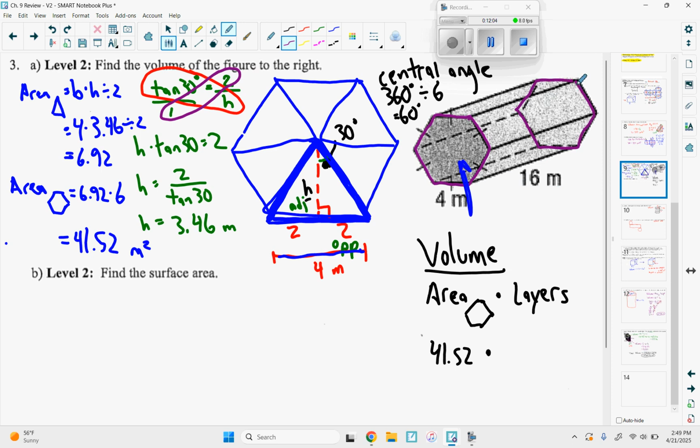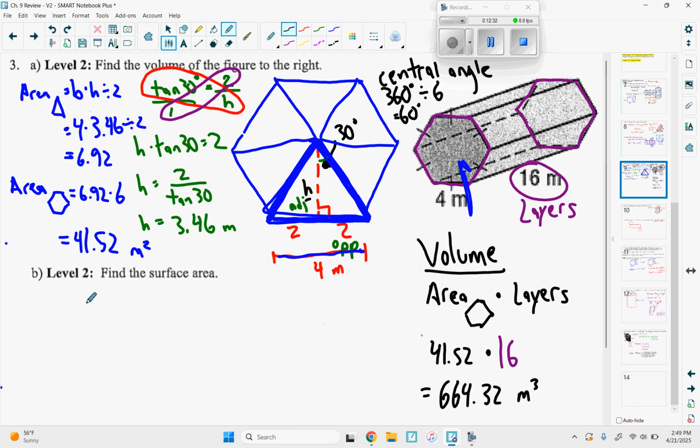So what is the distance between our bases? It's 16. So when I multiply those out, my volume of this shape is going to be 664.32 meters cubed.